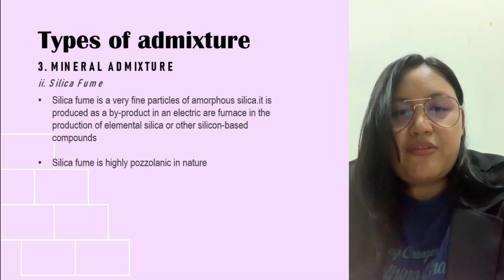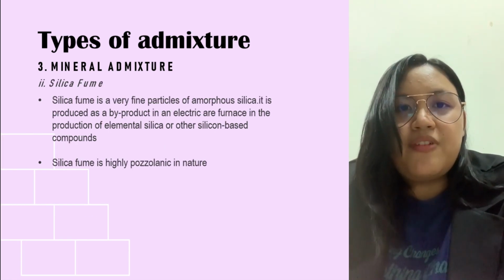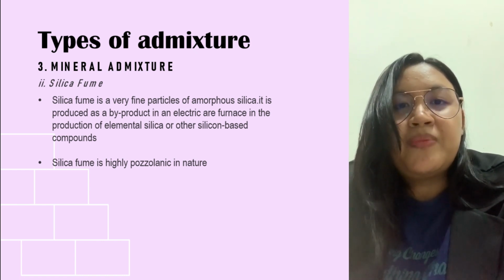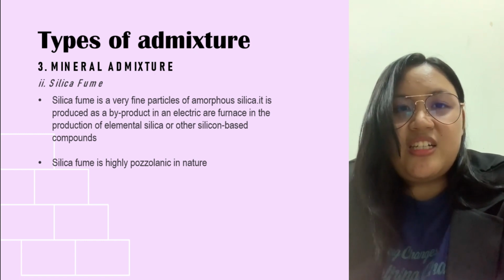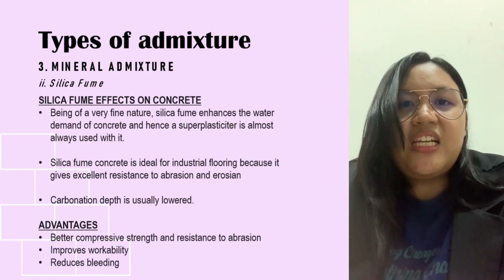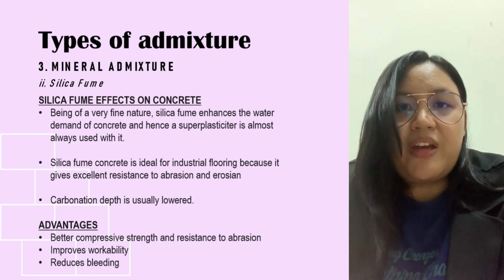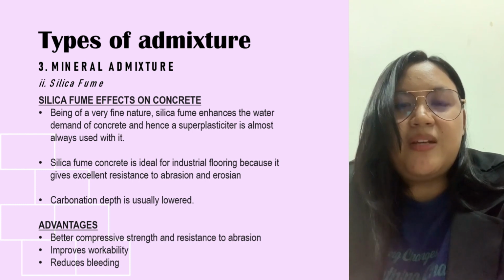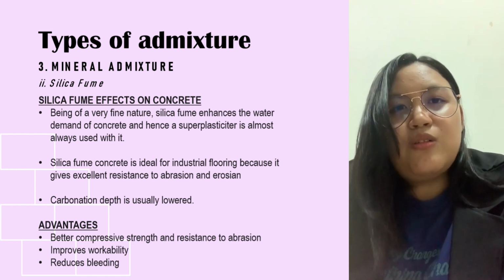Next is silica fume. Silica fume is a very fine particle of amorphous silica. Silica fume is highly pozzolanic in nature. The effects come from its very fine nature. Silica fume increases the water demand of concrete and hence a superplasticizer is almost always used with it.